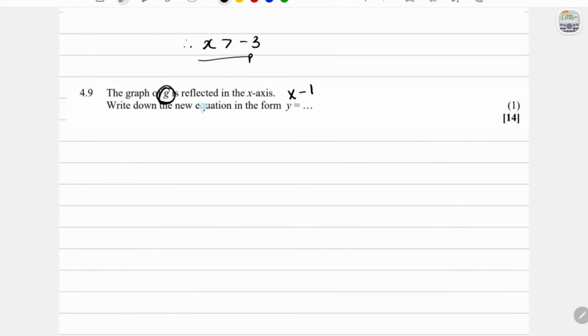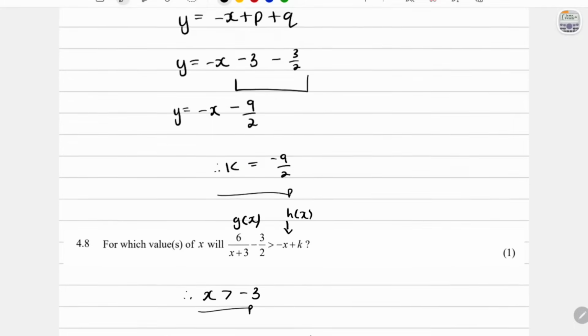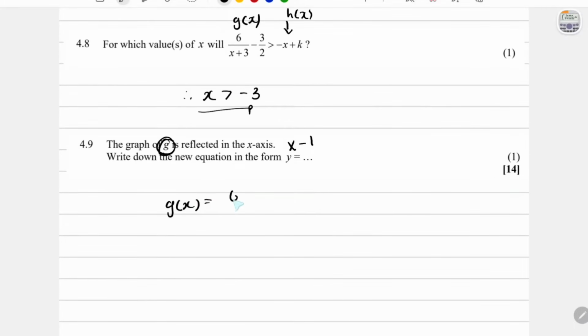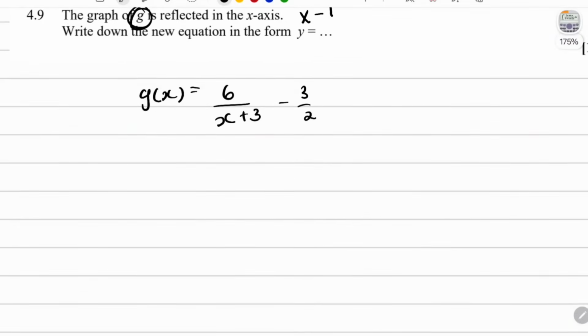We're going to take the graph of g and multiply its y values by -1 so that we can reflect it in the x-axis. Okay, so our graph of g said g of x is equal to 6 over x plus 3 minus 3 over 2. And this gets reflected in the x-axis. So we're going to take the y values and multiply them by -1. It's like taking g of x and multiplying it by -1.